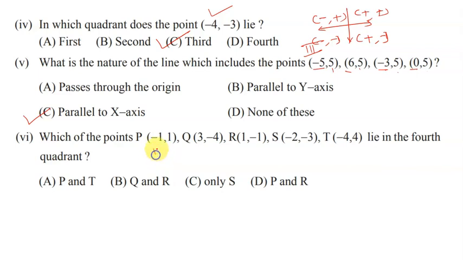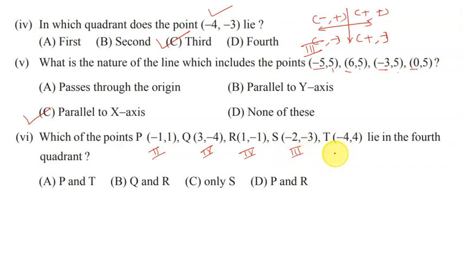Therefore, this lies in the second quadrant. What about Q? X is positive, y is negative. It lies in the fourth quadrant. What about R? Here, x is positive, y is negative. And again this point lies in the fourth quadrant. What about S? Both are negative. It lies in the third quadrant.